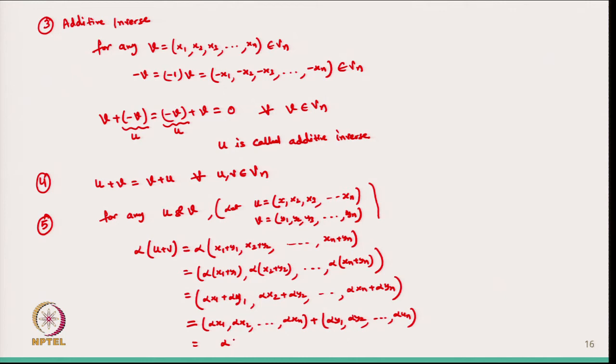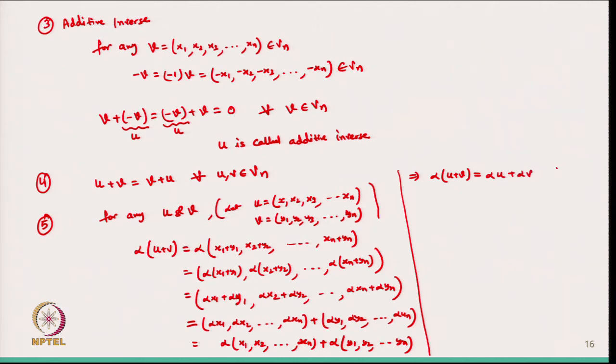From here I can write that alpha times u plus v can be written as alpha u plus alpha v, and this is true for all u and v belonging to V n, and alpha is a scalar, and a scalar always comes from the field.